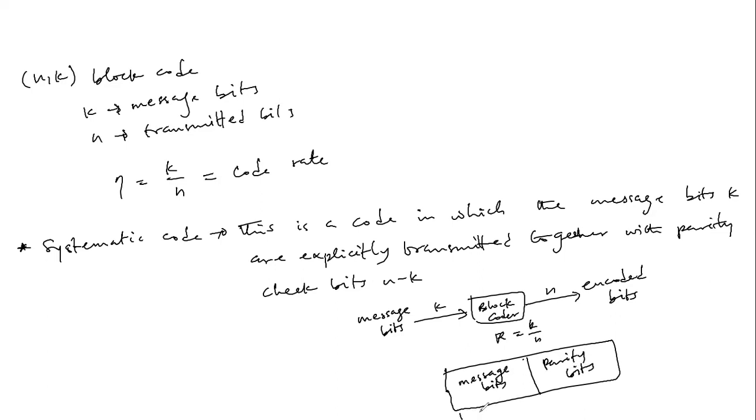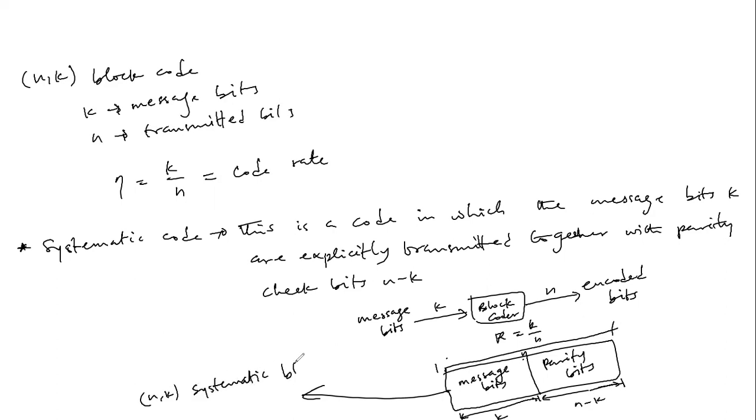So here we have k, then here we have n minus k, and we have n. So this is an (n, k) systematic block code.